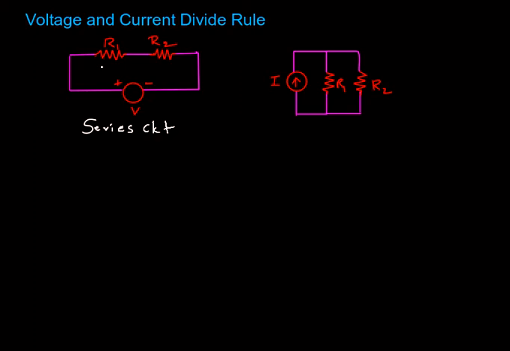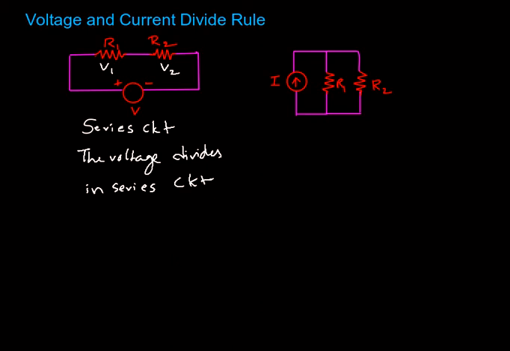Here the voltage divides in a series circuit, and the current is constant. The voltage drop here is V1 and the voltage drop here is V2. If there are multiple resistors, then there will be multiple drops.